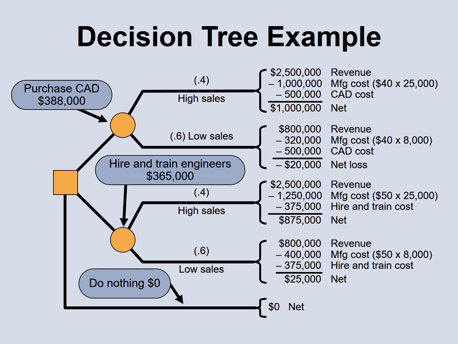Manufacturing costs would be only $400,000, but the cost to hire and train would still be $375,000. So the net would be $25,000, which means we actually are better off hiring and training than we are purchasing CAD. And then we prune the tree with the two marks that you just saw, which indicate this is the decision we're going to go with.